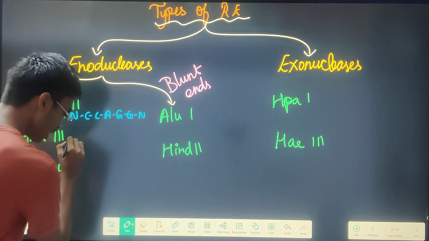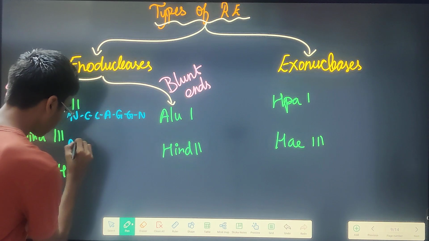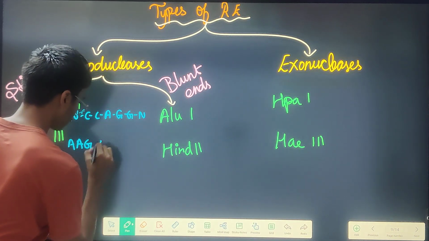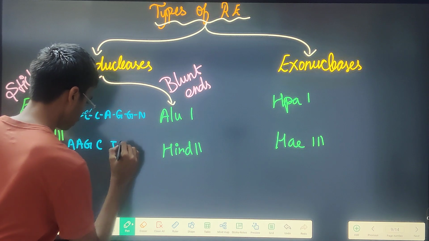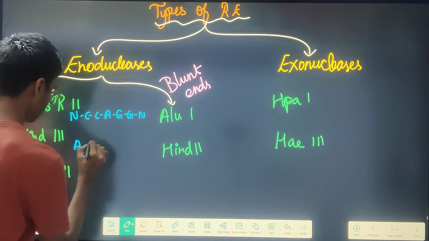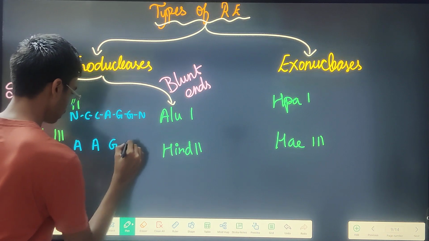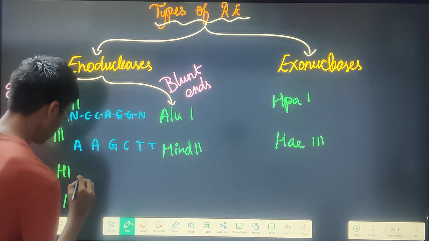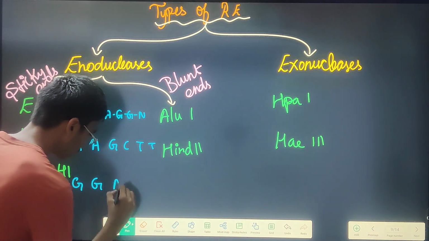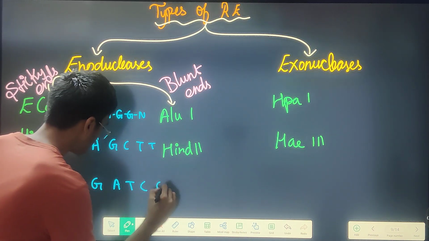Then HindIII, so A G C T T. Then for BamHI we will have G A T C C.